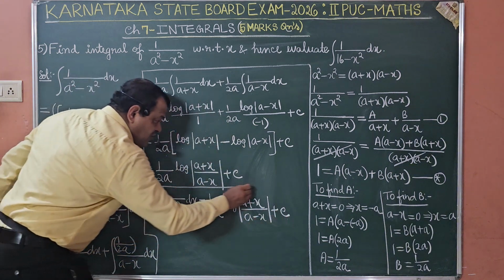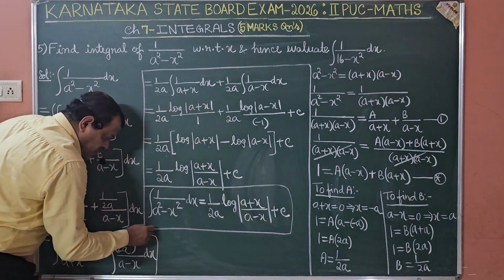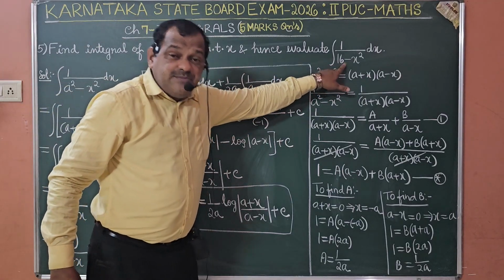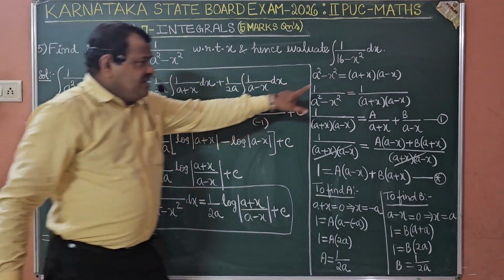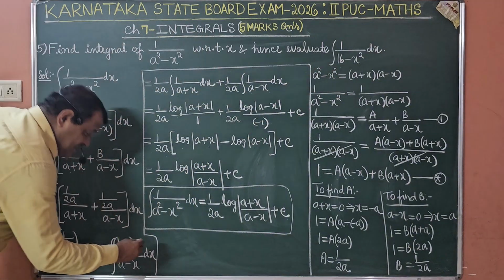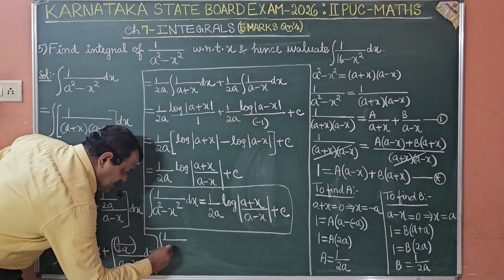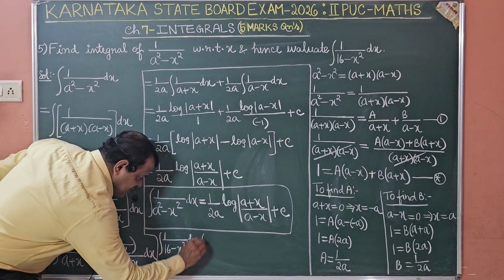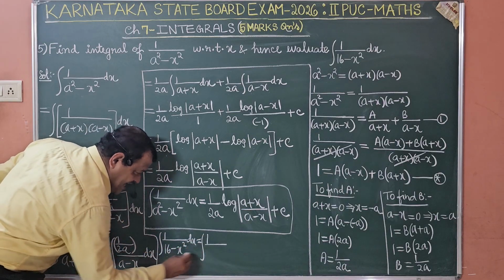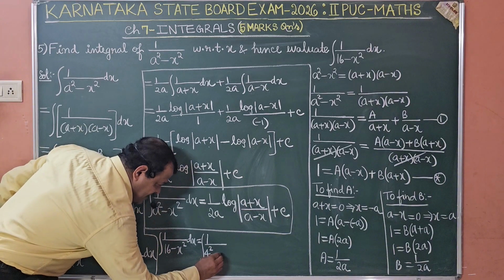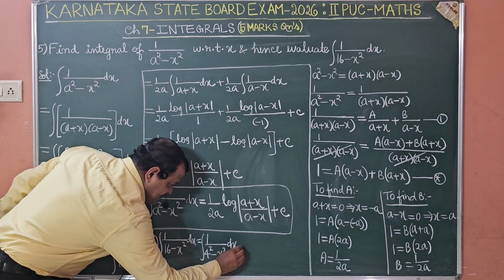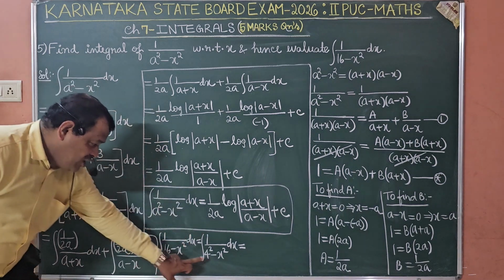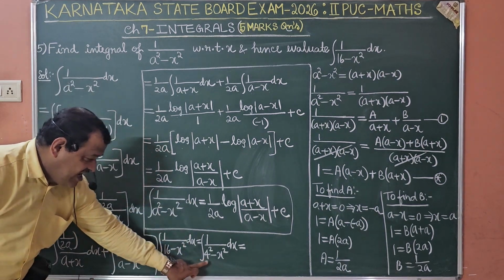Our formula derivation is over. Now, see the question. Integration of 1 by 16 minus x square dx. Therefore, this 16 should be written as 4 square, so 1 by 4 square minus x square dx. Now, please compare with this formula. In place of a square, we have 4 square, that means in place of a, we have 4.